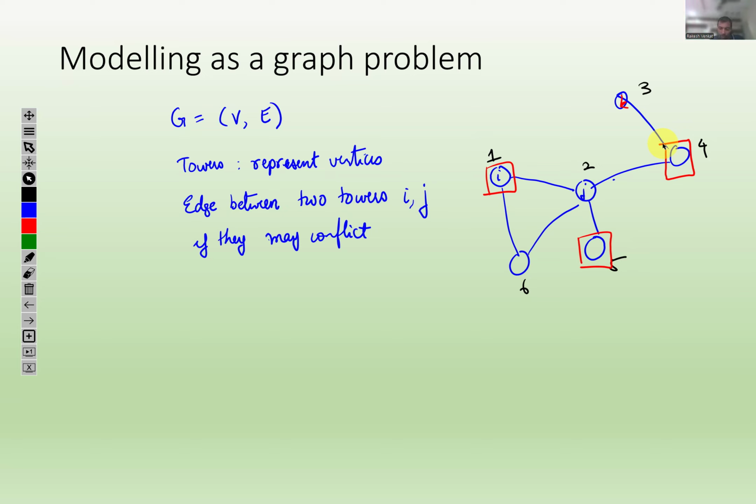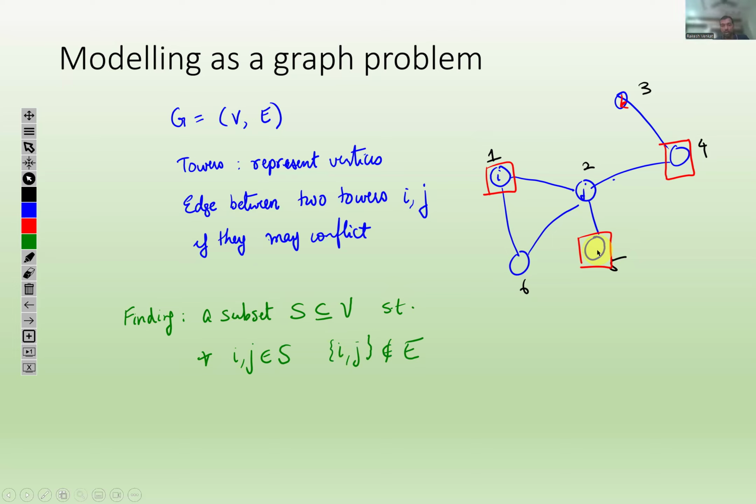So for instance, over here, what we are finding is basically a subset of vertices such that for any pair i, j in it, they don't have an edge between them. Right? So the set 1, 4, 5 does not have an edge between them.